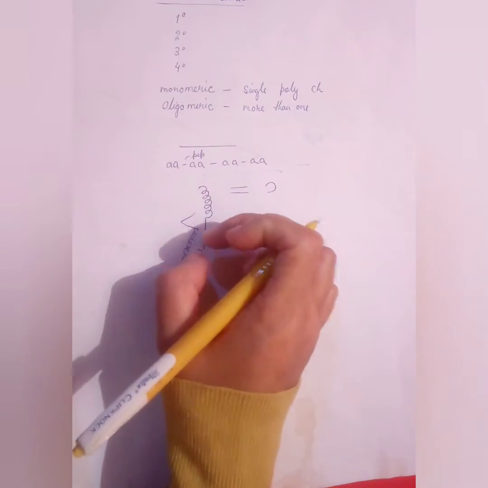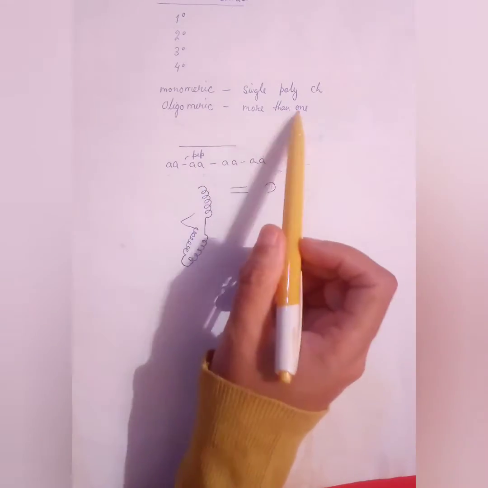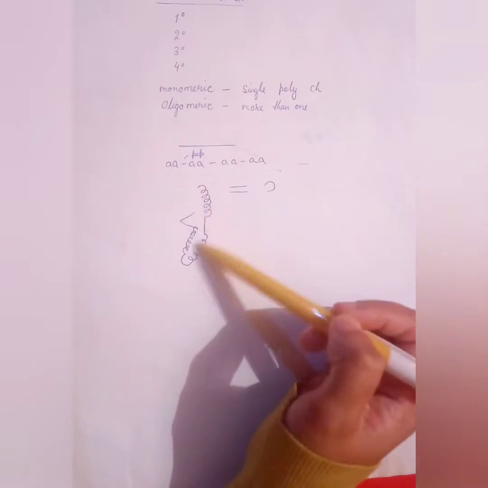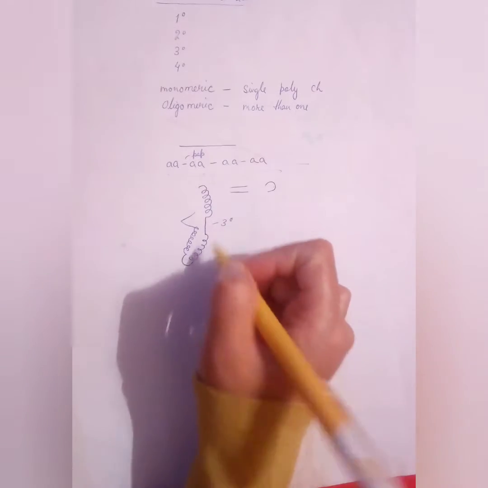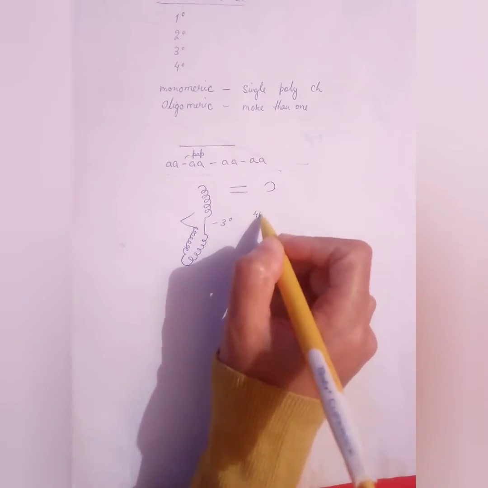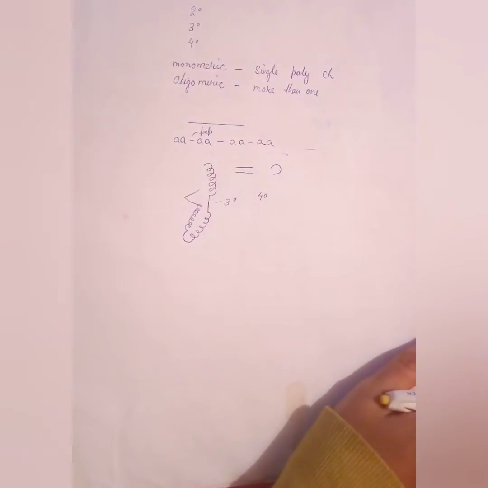When these secondary structures combine together in oligomeric proteins, because we have more than one polypeptide, they will form a tertiary structure. And we will get another structure, that is the quaternary structure. So let us study in detail one by one.